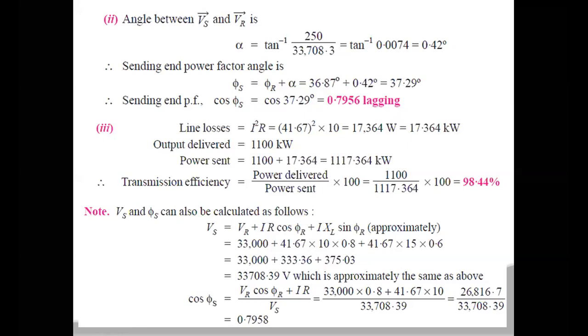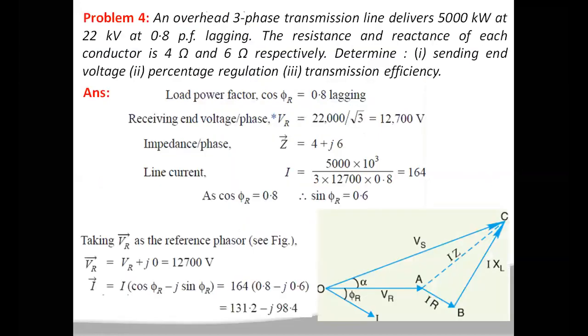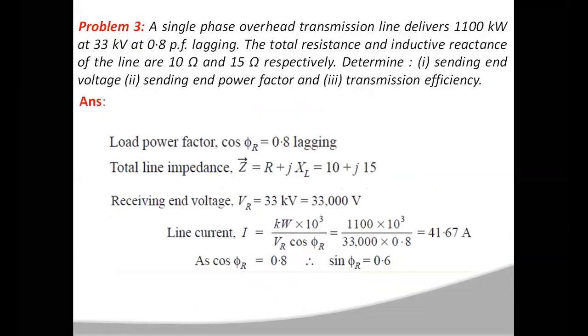You have calculated the sending end power factor also. Now you calculate the transmission efficiency. The transmission efficiency formula is receiving end power divided by receiving end power plus I square R. When you use this formula, you will get the percentage of efficiency.